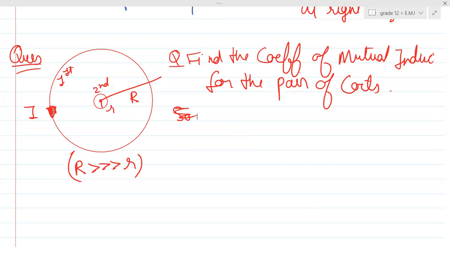When the field passes through the second coil, there is some area related with the second coil and some magnetic field is passing through. So will there be any flux associated with the second coil? Are you getting my point? Yes, sir.